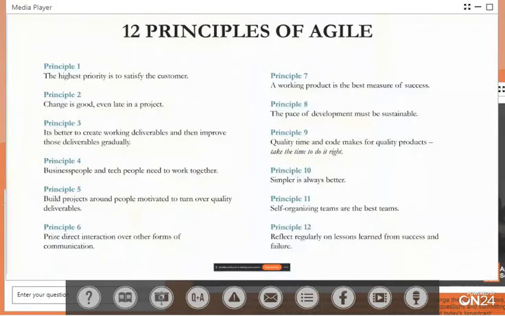So there's really 12 principles of Agile. This is something that if you ever went to get some kind of Agile practitioner certification for PMP, or if you were to get into Scrum or anything like that, these are worlds that are adjacent to the building industry, but they do intersect, especially on project management.